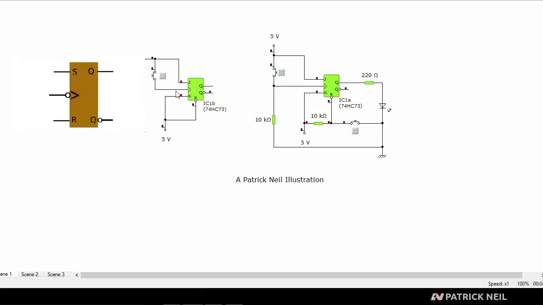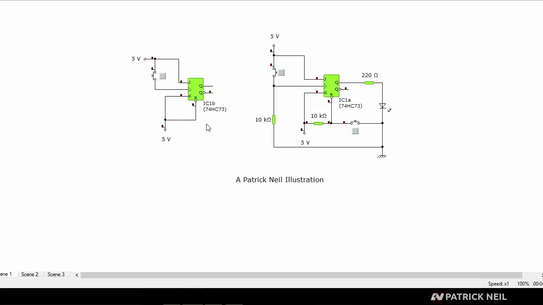So let me start over again. If you take a close look, right now the clock input is seeing low. As I said before, even though it's not connected to ground, the simulator is considering it to be low. So it's seeing low right now. Whenever I press the button, it will go high.